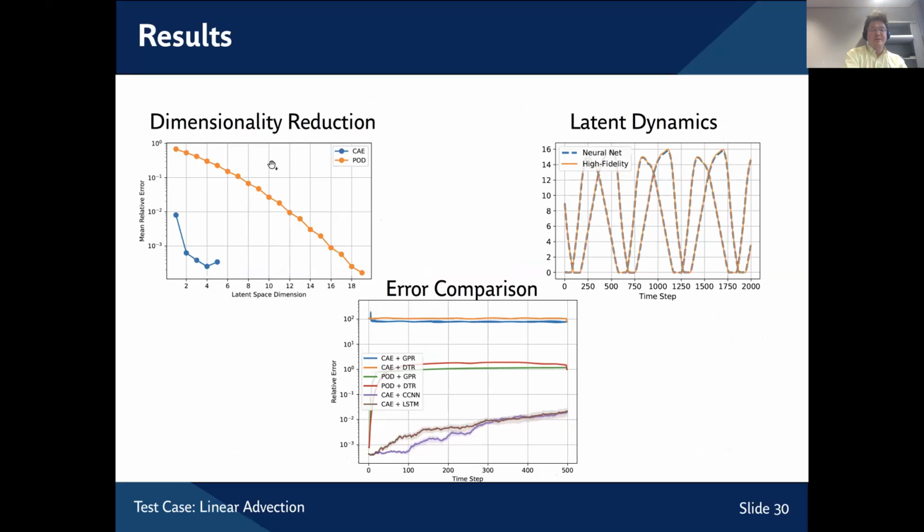We see here the dimensionality reduction compared to proper orthogonal decomposition, that with the neural network, we can get precision down to 10 to the power of -3 by using a latent dimension of 2, while using POD, we need 16, 17 dimensions.